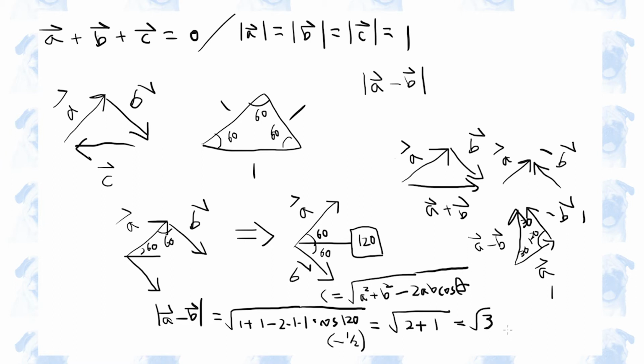So now we have the answer. The magnitude of vector A minus vector B is root 3.